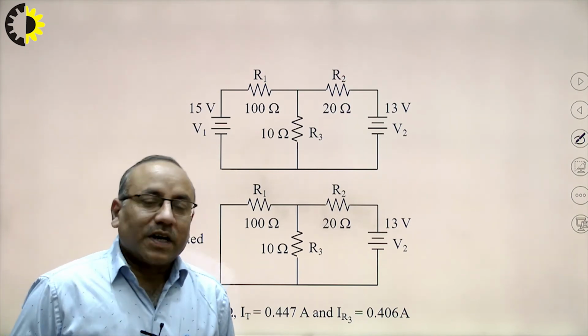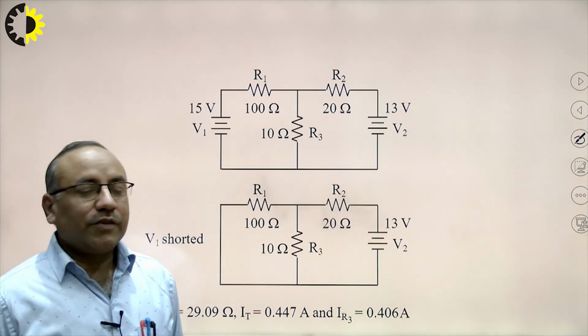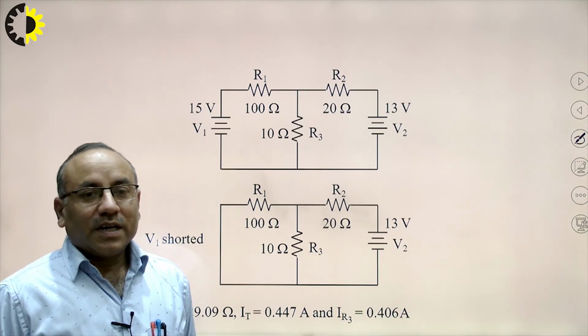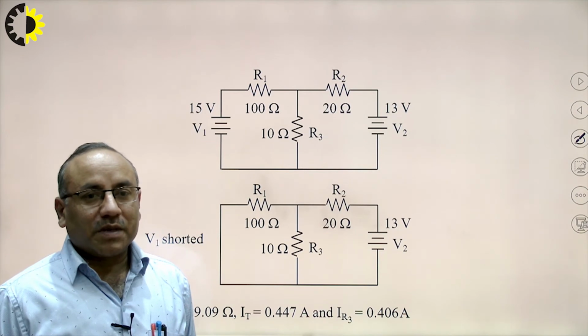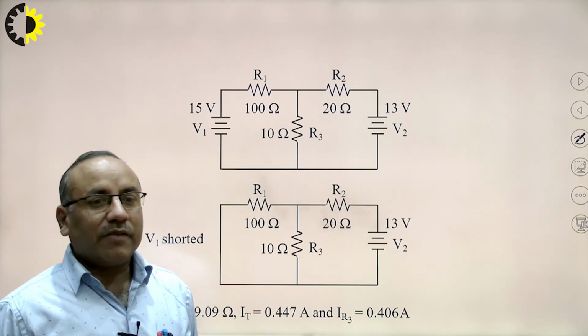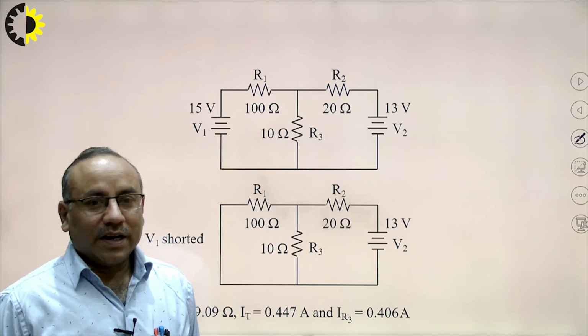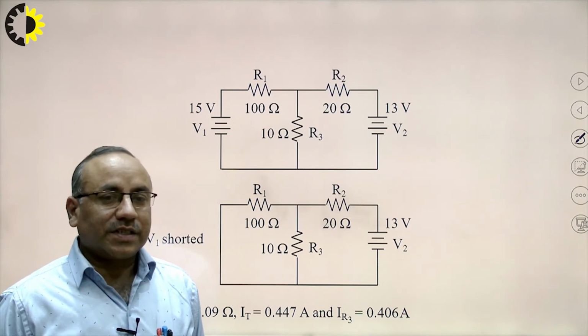The current passing through R3 can again be found using the parallel current division rule, given by the total current IT into R1 upon R1 plus R3, that is 0.447 into 100 upon 110, and on calculation this current comes out to be 0.406 ampere.